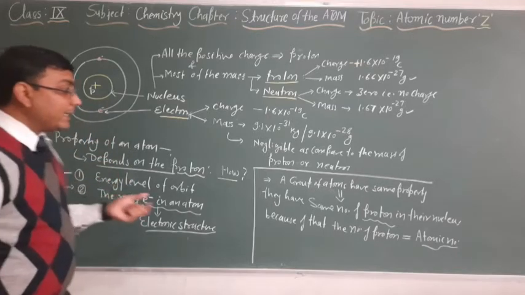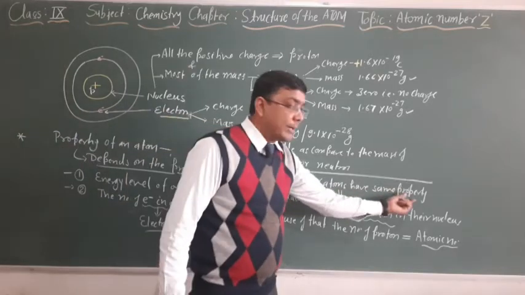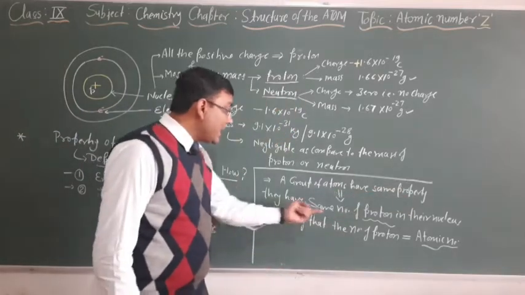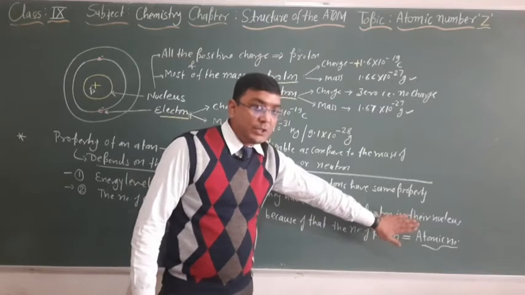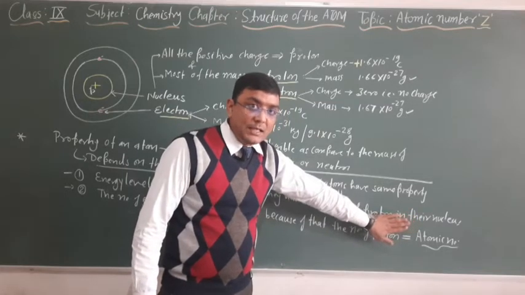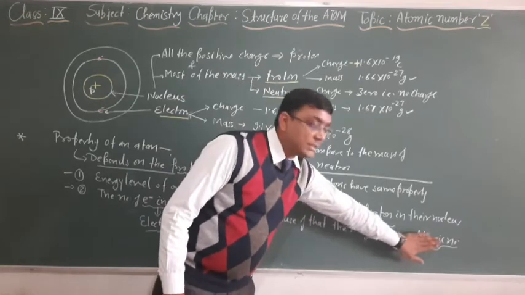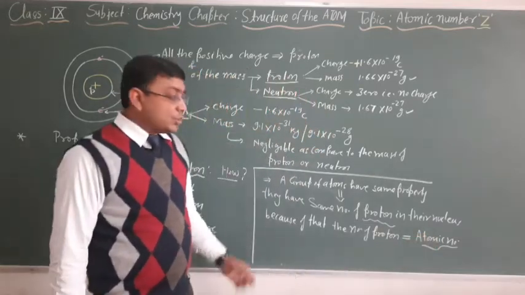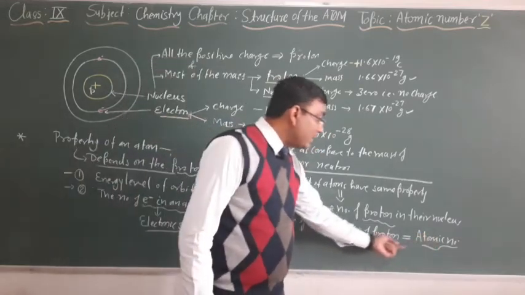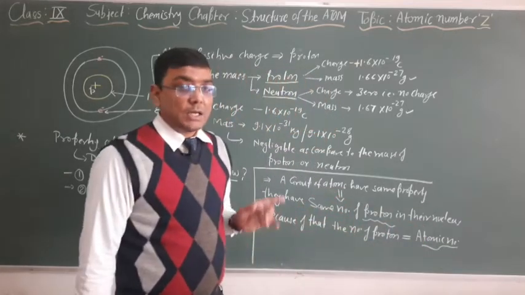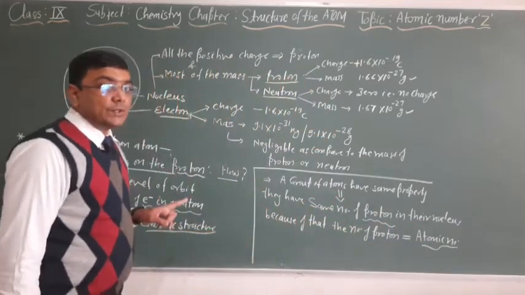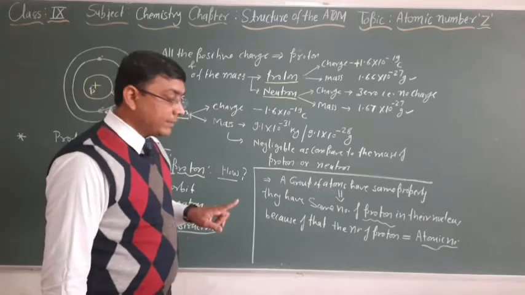A group of atoms having the same property means they have the same number of protons in their nucleus. Clear? Because of that, the number of protons is considered the atomic number. So we can write: the number of protons is equal to the atomic number, or the atomic number is equal to the number of protons. Clear?